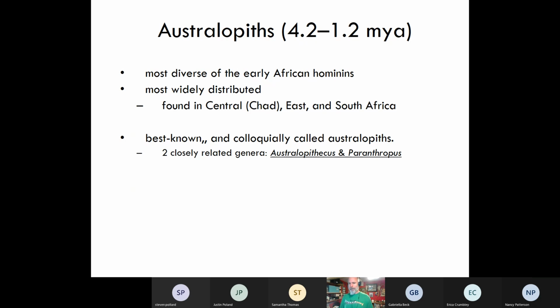It's just some detective work, and most of it can be found in your textbook, with a little bit of research. All of these creatures lived in Central, East and South Africa. They are the Australopithecus, from about 4.2 to 1.2 million years ago.